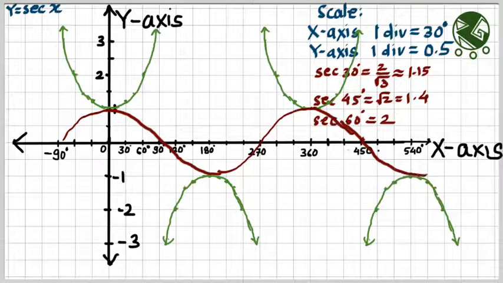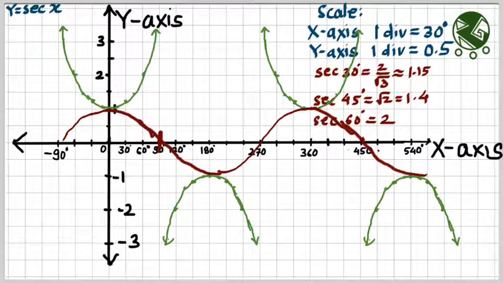And as you can see, when the value of cos was 0, the value of sec is going towards infinity, correct? When cos is going to 0 from the positive side, sec is going to plus infinity. When it's going to 0 from the negative side, it's going to minus infinity.